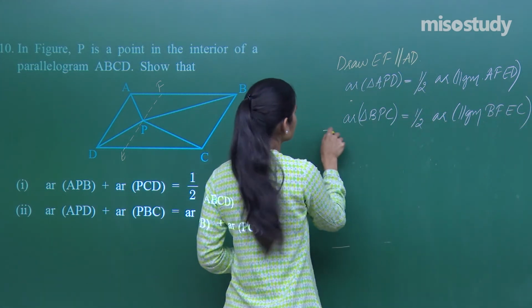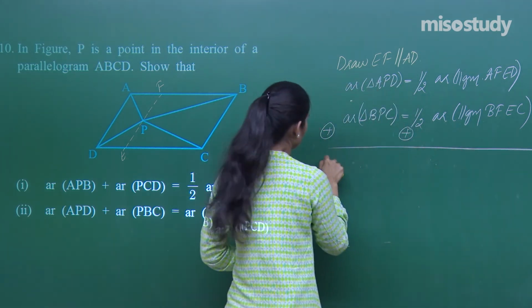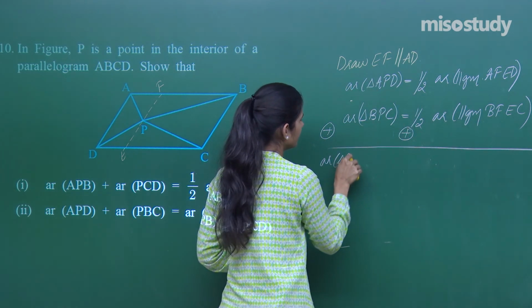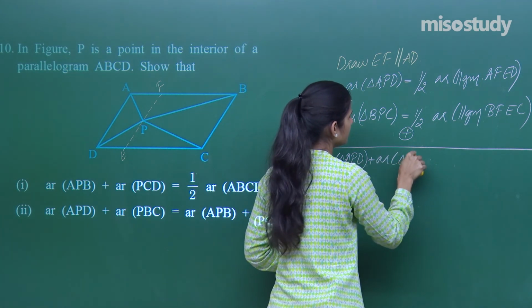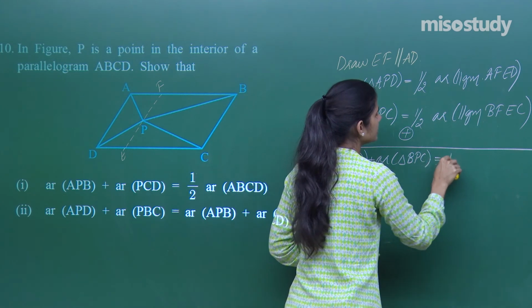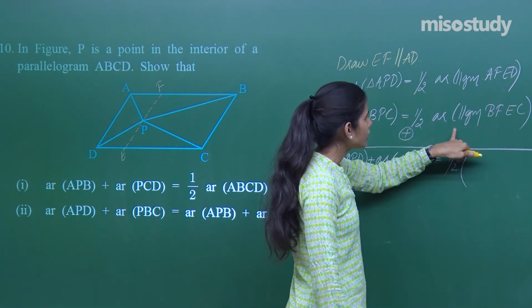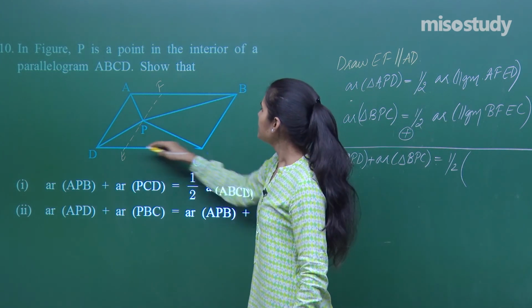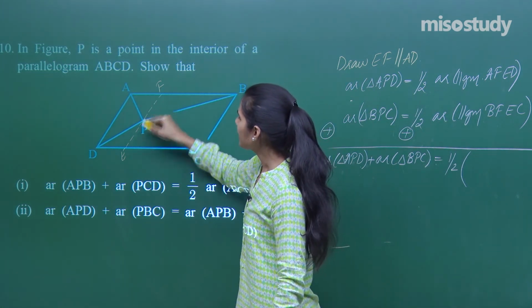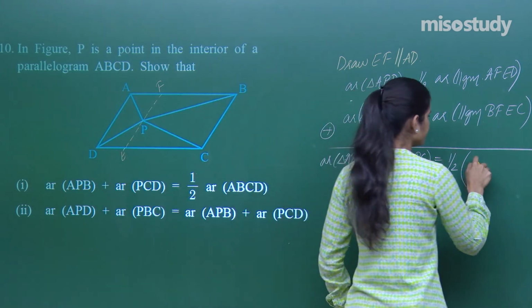When you add these two, just like you did for the first case, you get area of triangle APD plus area of triangle BPC is half common, area of parallelogram AFED plus area of parallelogram BFEC. Area of parallelogram BFEC plus area of parallelogram AFED gives you the complete area of the parallelogram ABCD.